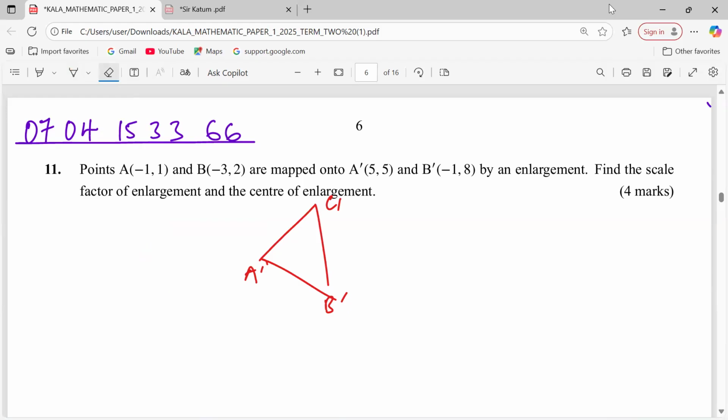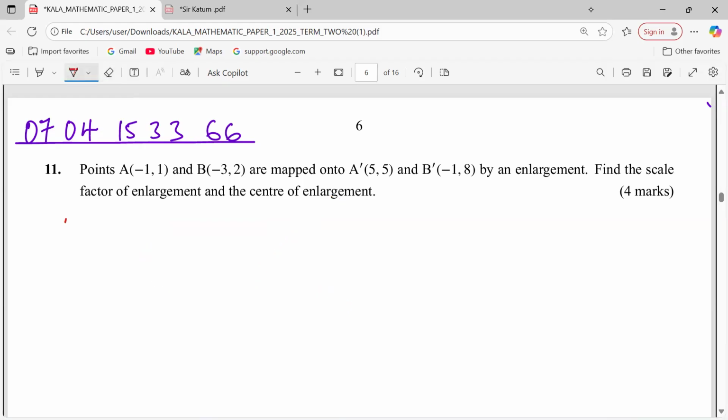So with that, we are supposed to find the length of vector AB. How do we find it? We need (-3, 2) minus (-1, 1). This should give us (-2, 1).